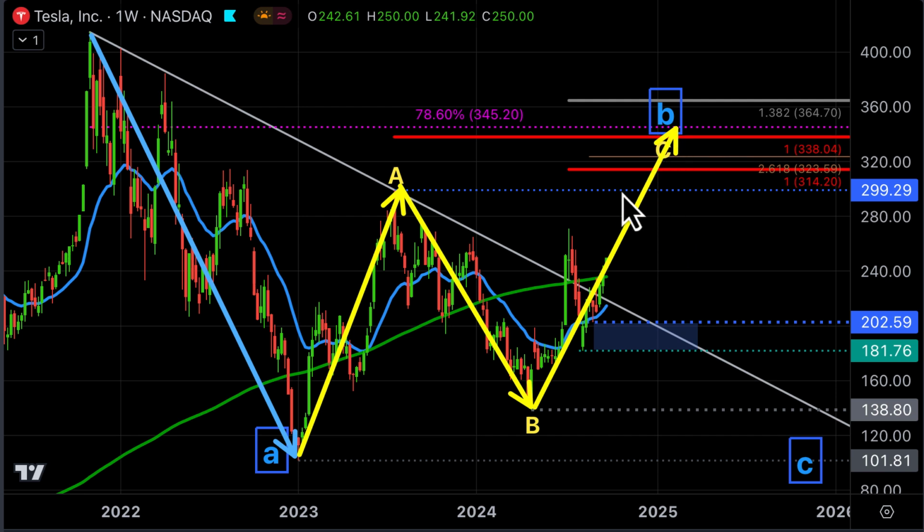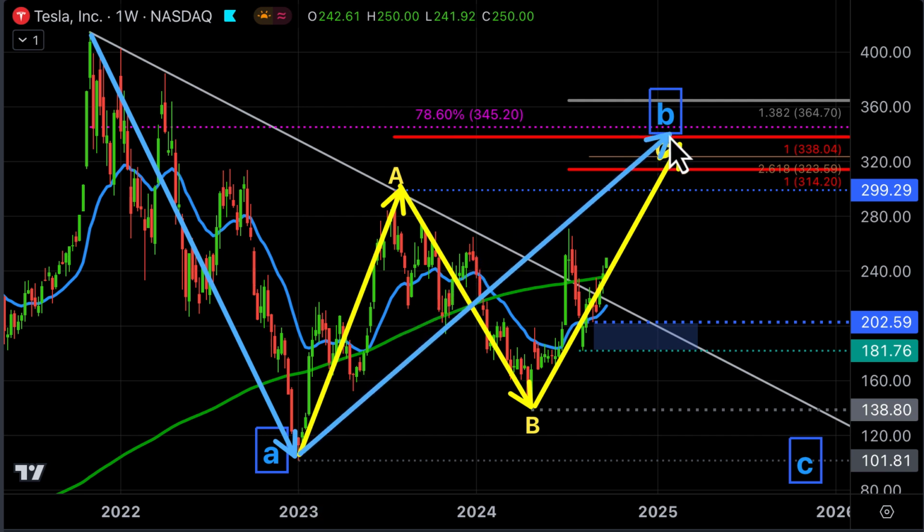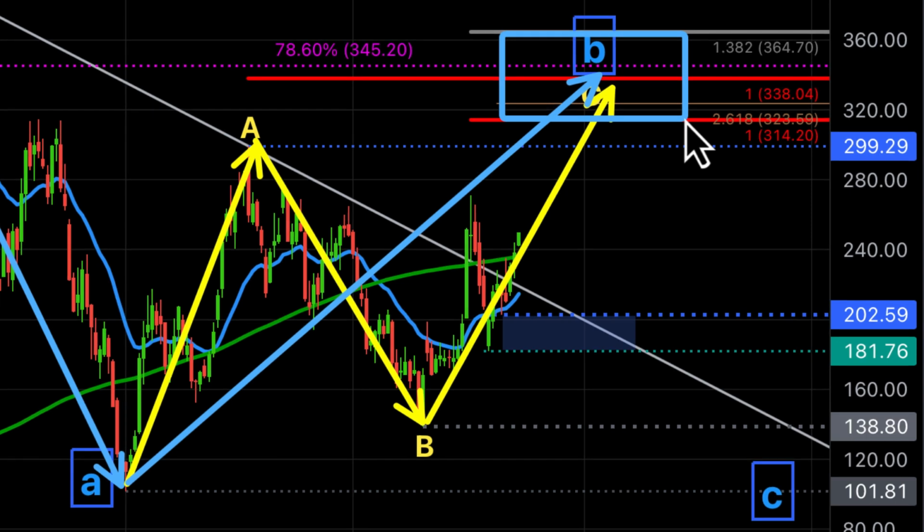I'll talk about this in a few minutes, but I think we're now in the C wave of the B wave in blue. In other words, this would be our bigger B wave. And once this B wave completes, likely in this zone, it could take us to this zone here, between 314 to 338 to potentially 350 to 360 levels.